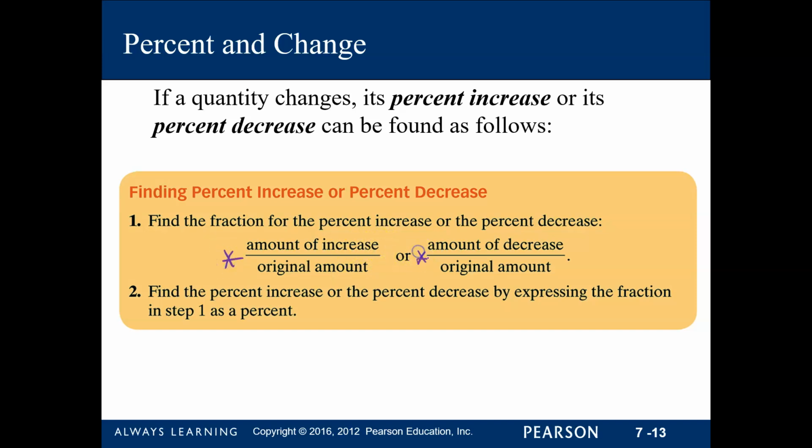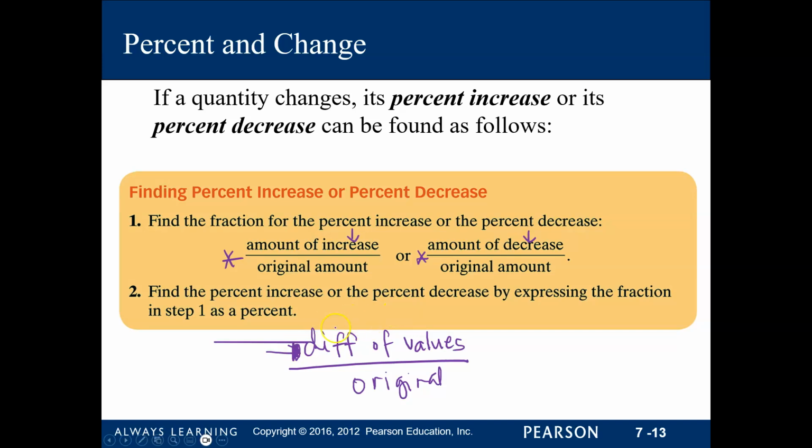The only thing that changed was the words increase and decrease. Basically, the numerator is the difference of the values, the original versus the new, divided by the original value. Whether it's increase or decrease, all you need to do is find the difference of the two values.